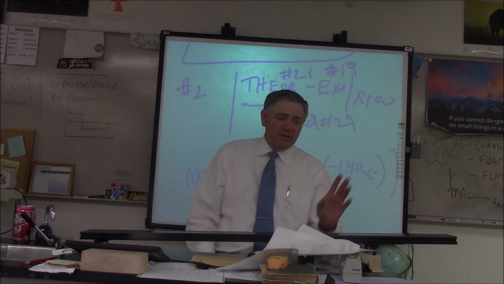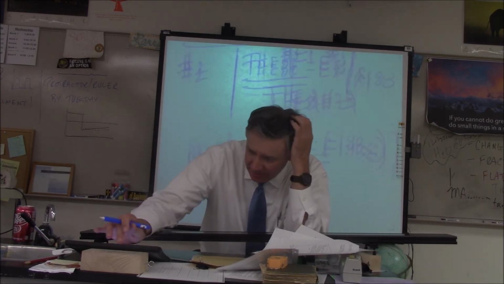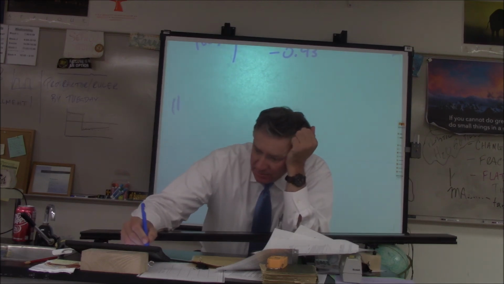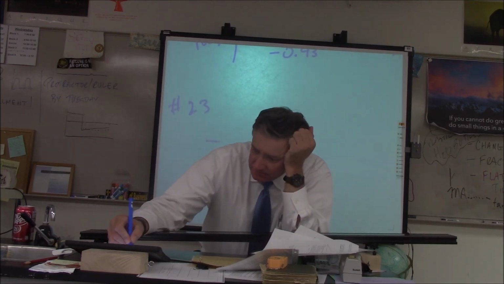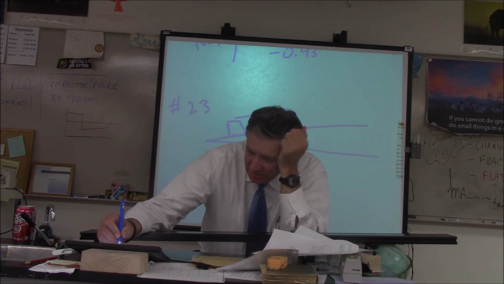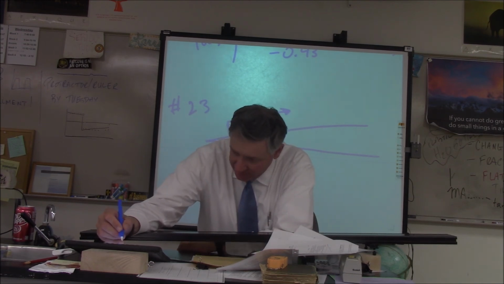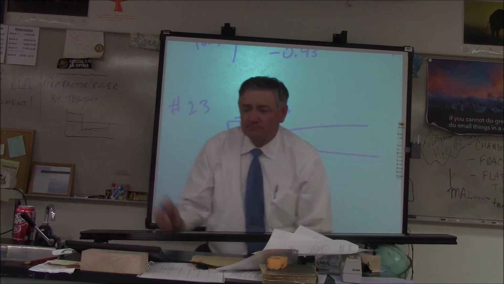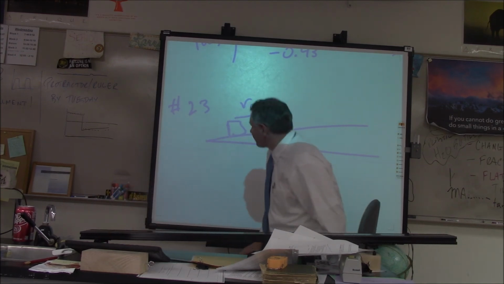Now, when you get to question number 23, here's your setup. I've given you the ramp, here's the cart. And the first thing you're going to do, this is going up the hill. So this is going to be V1.